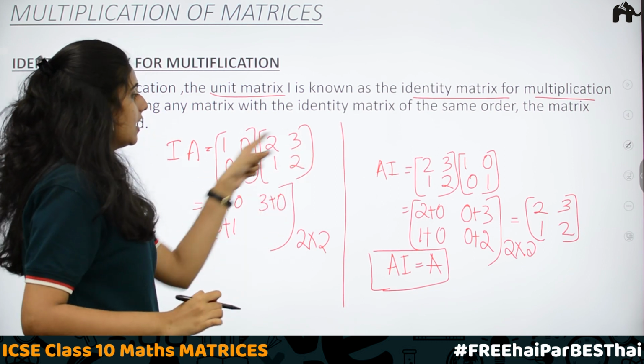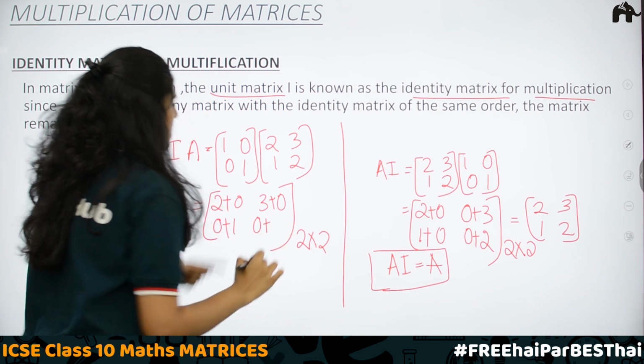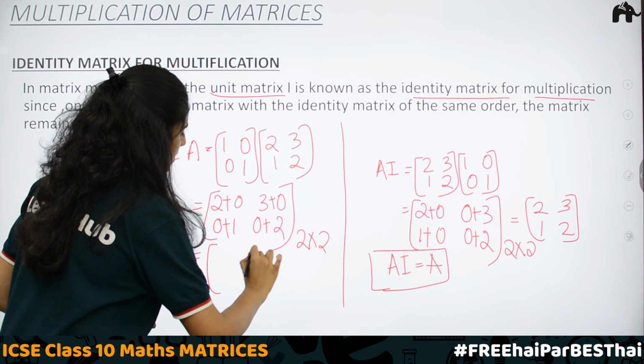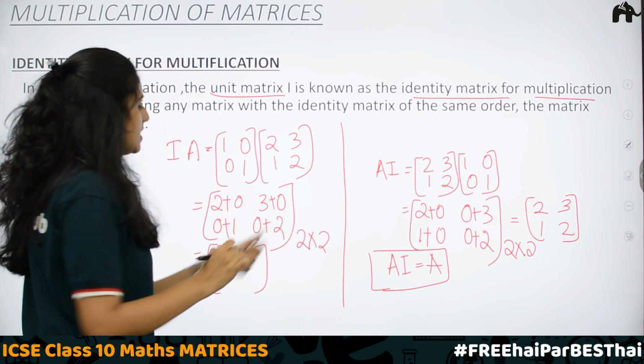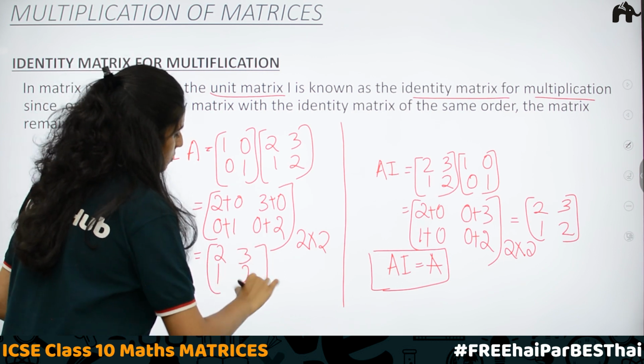We are considering the second row, second column: 0 into 3, 0 plus 1 into 2, 2. Then the elements are 2 plus 0, 2; 3 plus 0, 3; 0 plus 1, 1; 0 plus 2, 2.